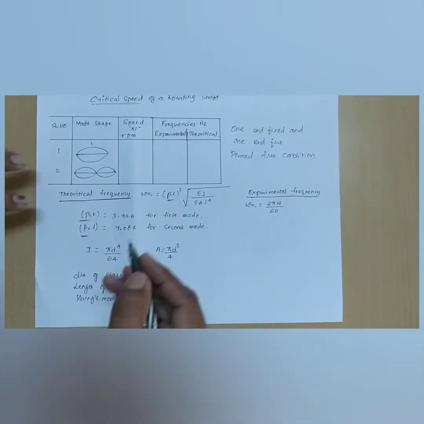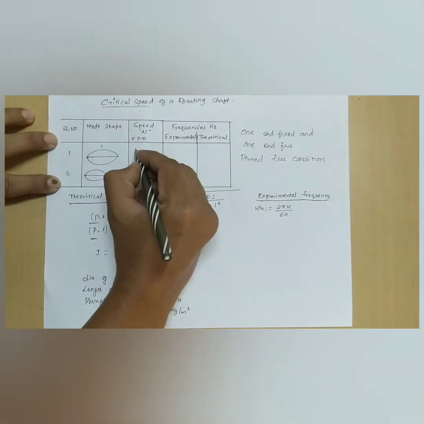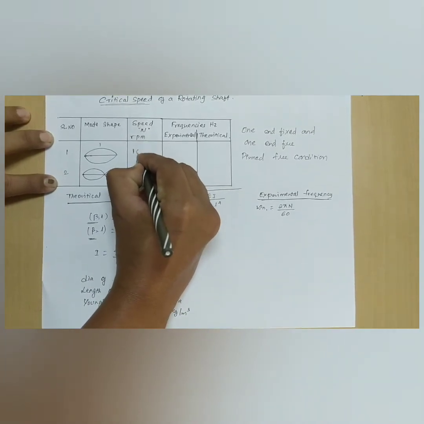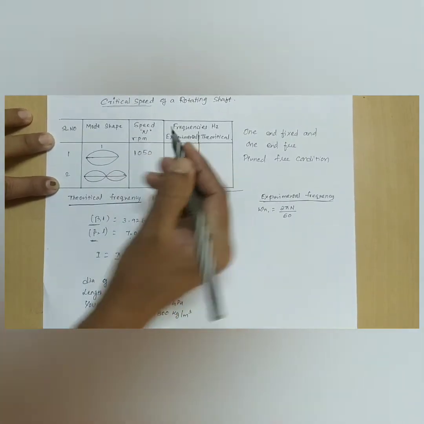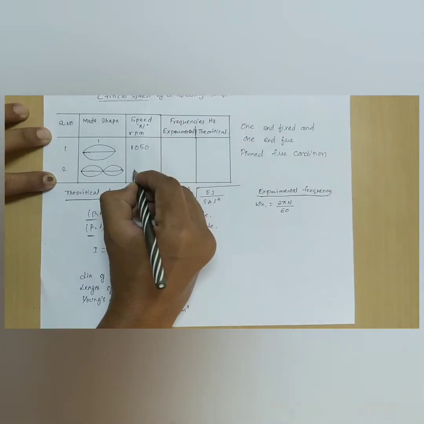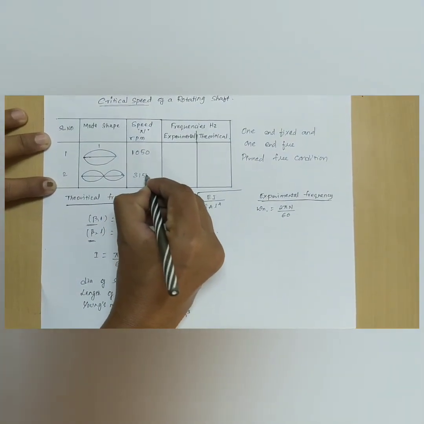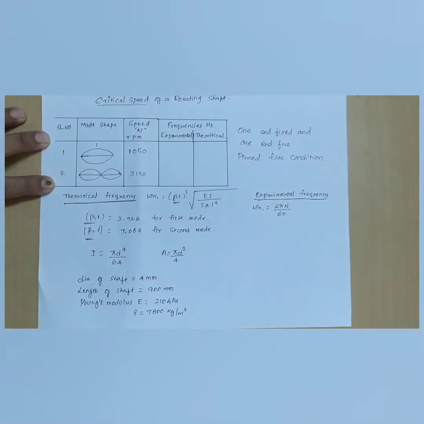As we observed from the experiment, the speed at which mode 1 was obtained was around 1050 rpm, and for mode 2 we obtained around 3150 rpm.